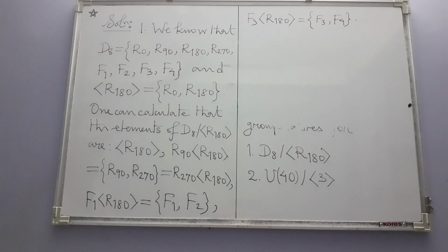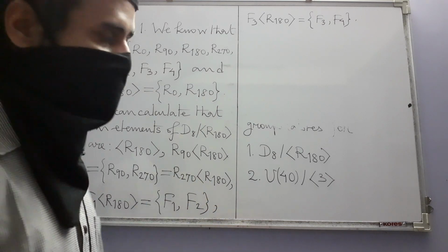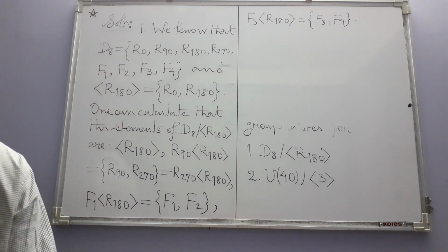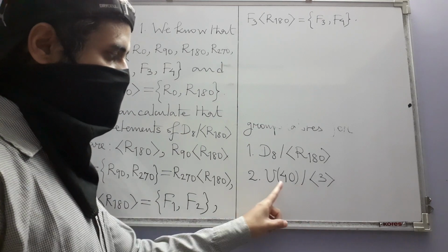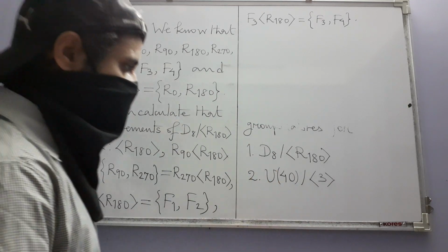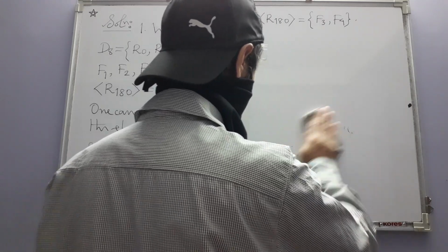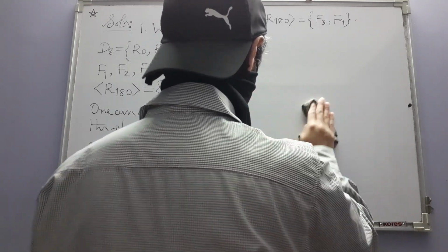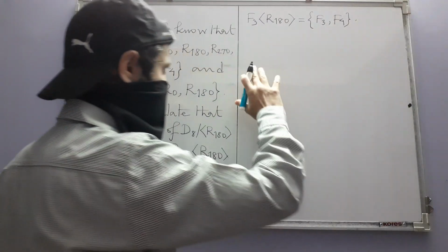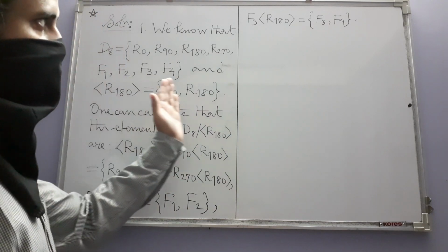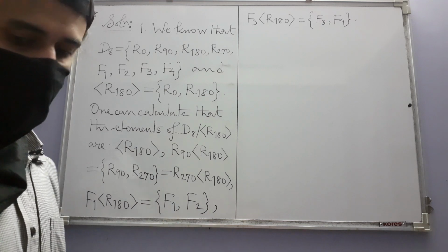Okay, so now we have to form the group table for these cosets. This part we have to erase, so you remember that this is U40 factored by 3. Hence the group table for this factor group is this.